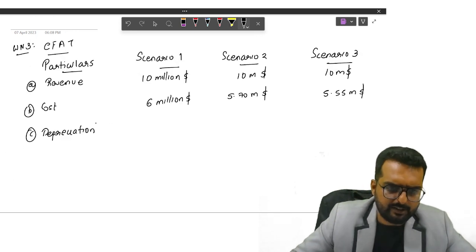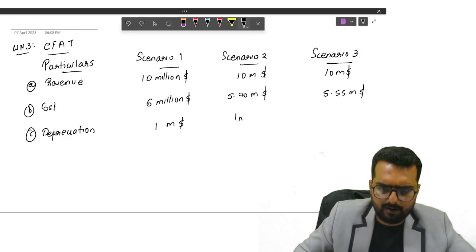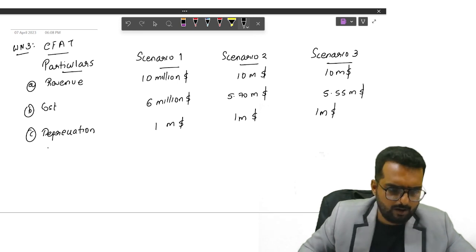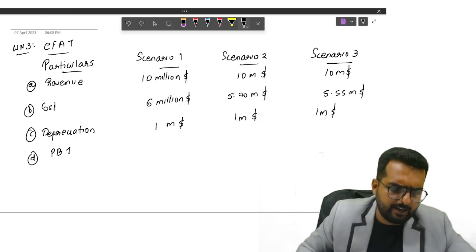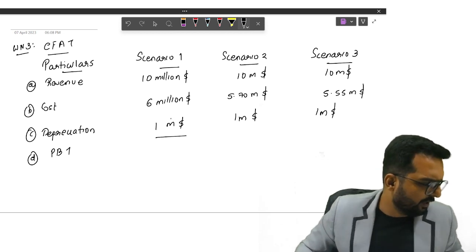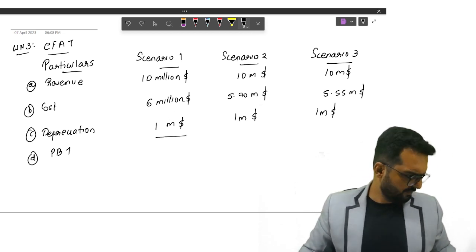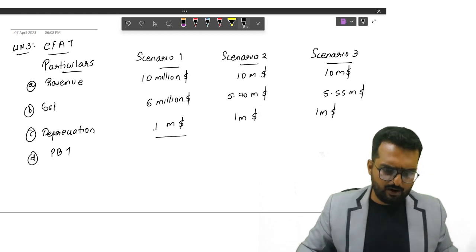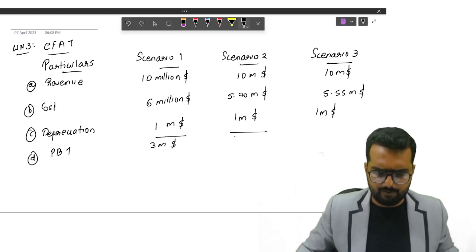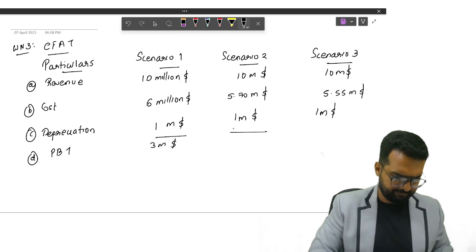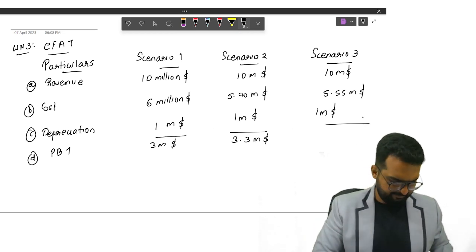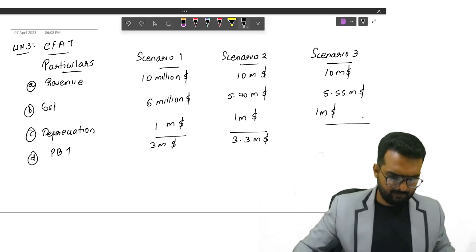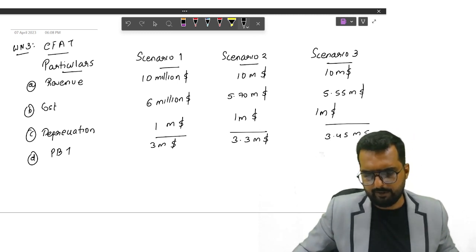What next am I supposed to reduce? Depreciation. How much is the depreciation they have told? $1 million. If I reduce this, I think I can get the profit before tax, right? Anything else given? No. So from this, tell me friends, how much is your profit before tax that you will get over here? Do you get the answer as $3 million? How much will you get here? 3.3, $3.45 million.